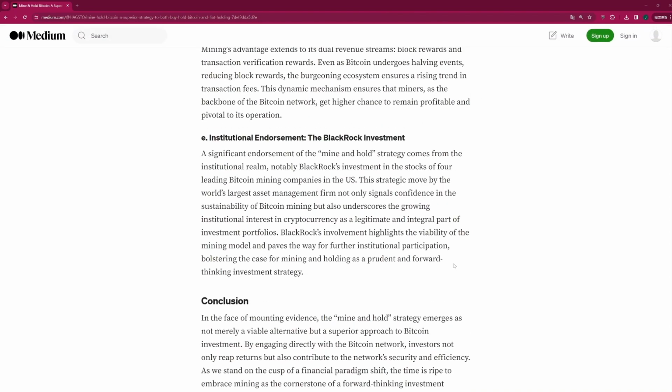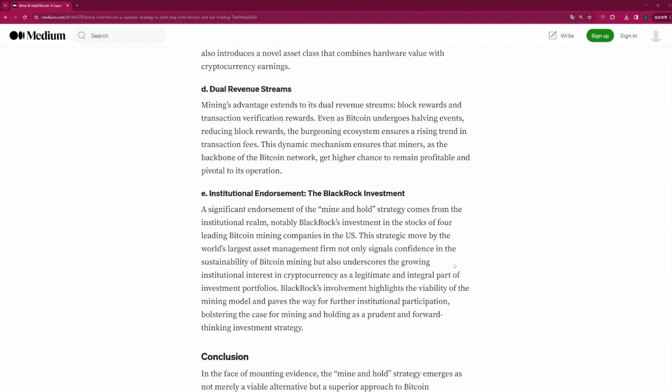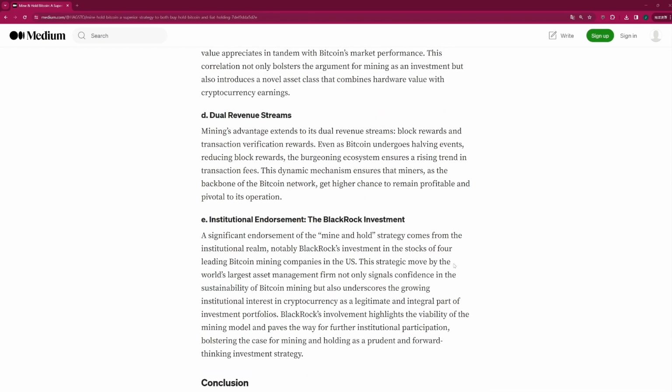Okay, the fourth thing we would like to share with you related to Mine&Hold advantages is that mining gives you dual revenue streams. The first is block rewards, which is 6.25 right now, but will be cut by half after April this year, and also the transaction verification rewards for the miner. There are lots of transactions happening around ordinals or some BRC20 tokens.